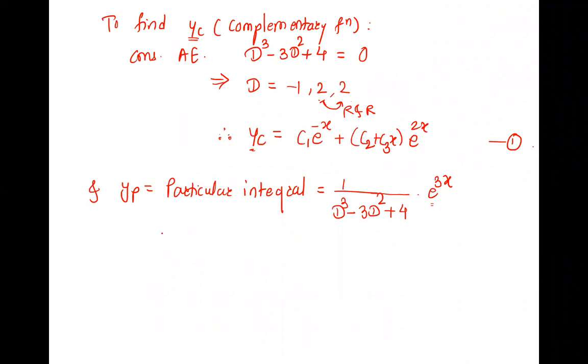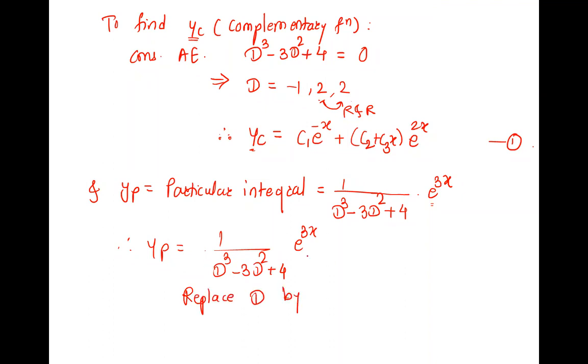So what do we do here in this case? yp is therefore 1 upon d cube minus 3d square plus 4 into e raised to 3x. What do we do? Replace d by 3, only d in the denominator. You have to replace the denominator's d.